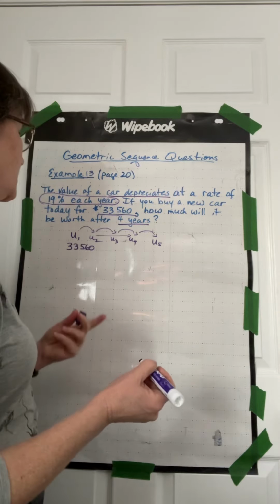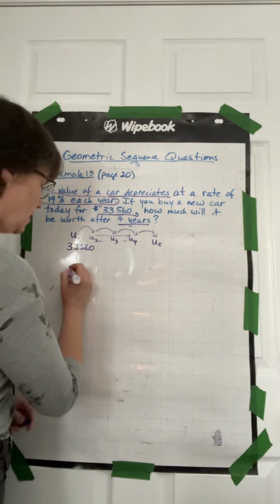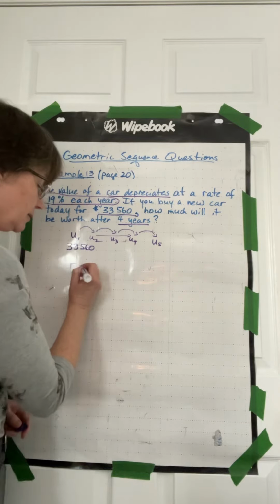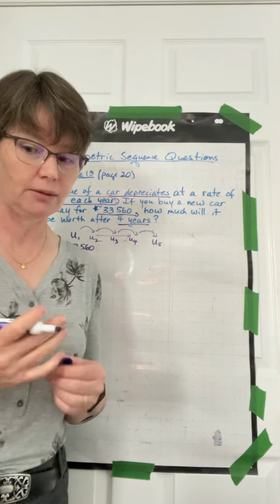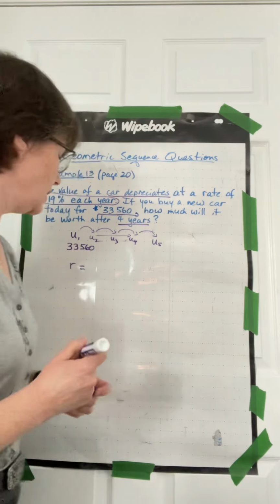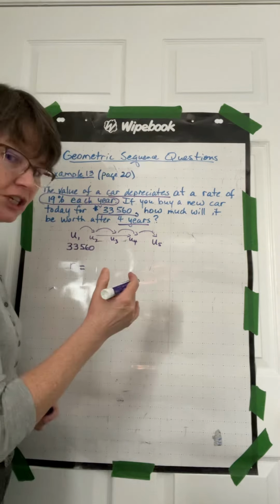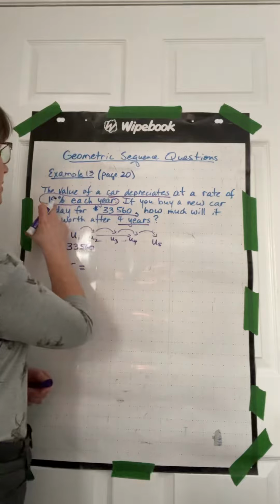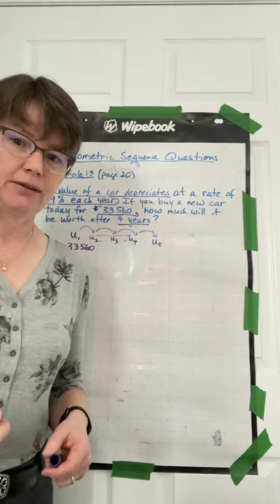it's a geometric sequence. We need to figure out what R is. Now, in a question like this, depreciation or interest, we'll look at interest questions later on in the unit. If it's depreciating, that means it's decreasing by this amount every year.